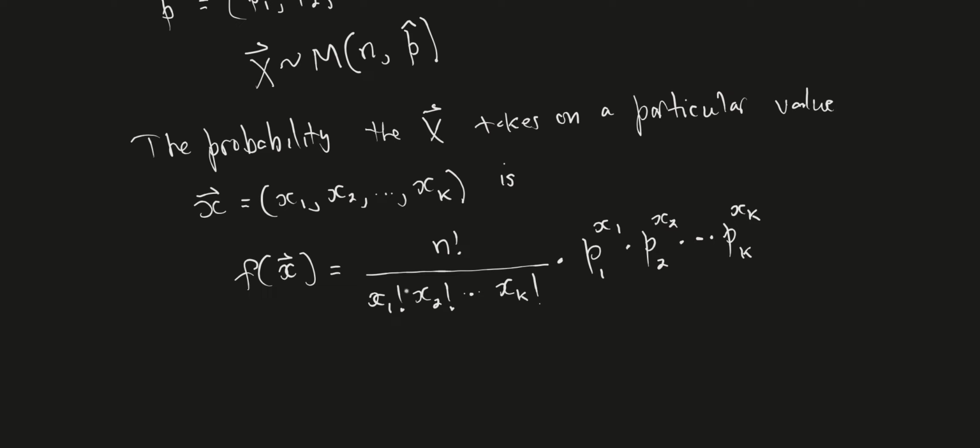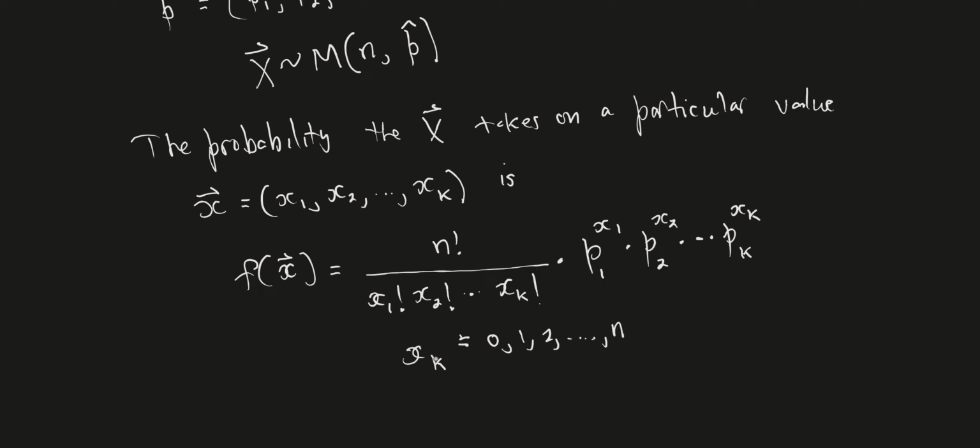For sure, they all have to be numbers from 0 to n, because we're only performing n trials. So each x sub k can take on values 0, 1, 2, dot dot dot, up to n.